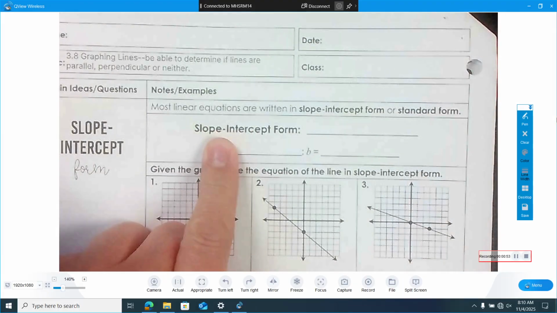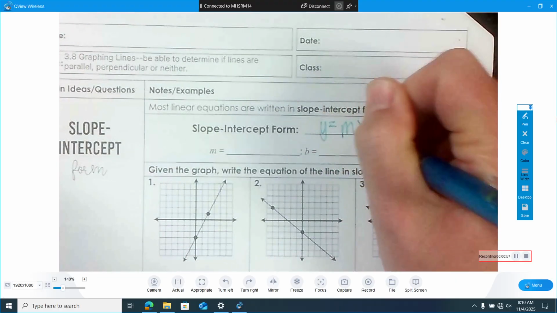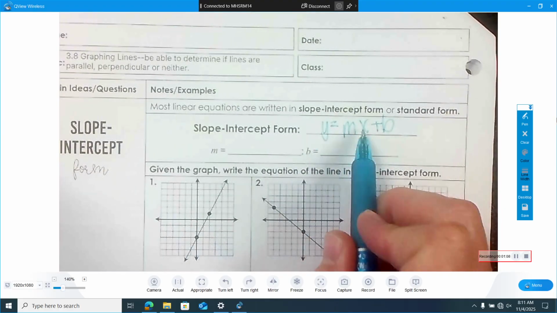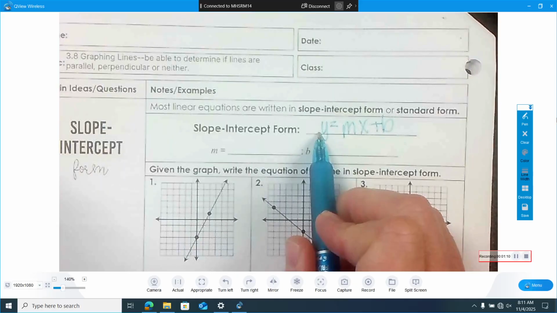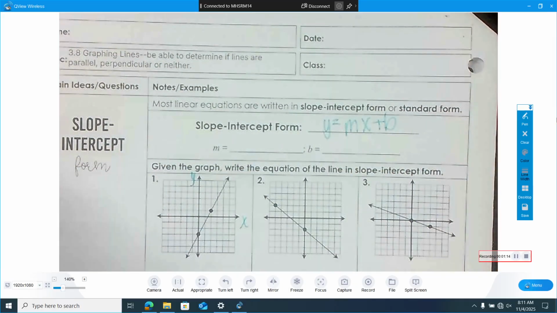Slope-intercept form is y equals mx plus b. Very good. It is like the only thing anyone ever remembers from Algebra 1. Y equals mx plus b. It has an x and a y in it, and that tells us that we can graph it on an x and a y axis, okay? So those are part of our equation.